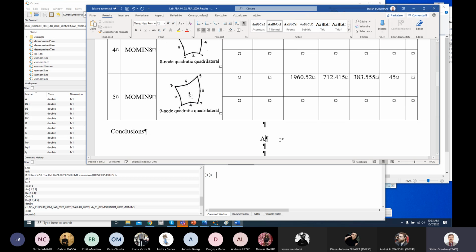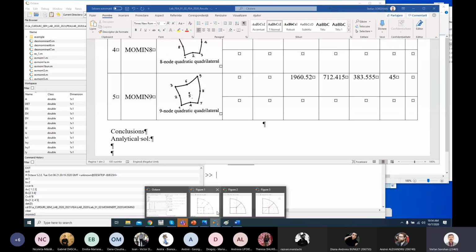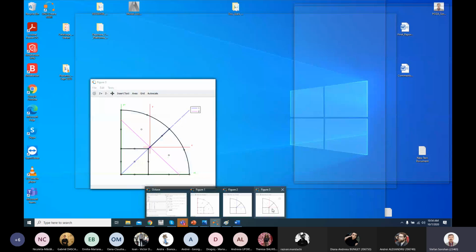We have an analytical solution. And the analytical solution is, we have for area, and we have analytical solution also for second moment of area. Please remember, from strength of materials. Here we have a picture.